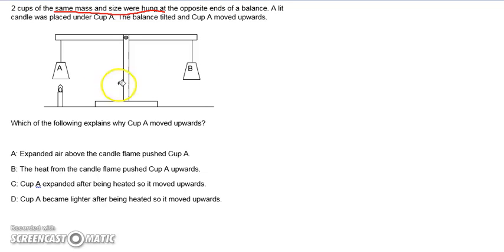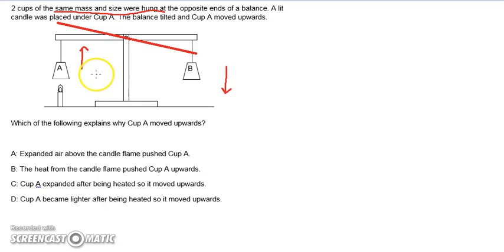When a lit candle was placed under cup A, it tilted. Cup A moved upwards, and cup B moved downwards. What this means is that there must be a certain kind of force pushing cup A upwards, and this caused cup B to move downwards.